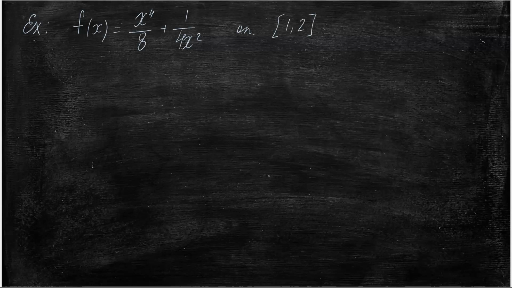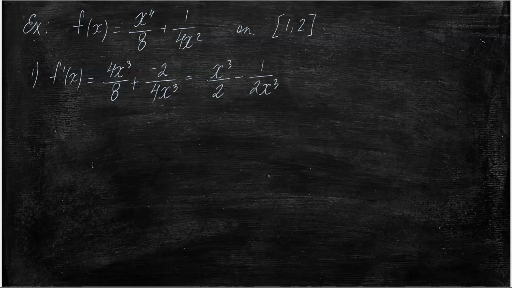So step 1, let's take the derivative. 4x cubed over 8 plus, probably minus, we're going to have negative 2 over 4x cubed. And we're going to simplify it a little more, right? So we're going to have x cubed over 2 minus 1 over 2x cubed.